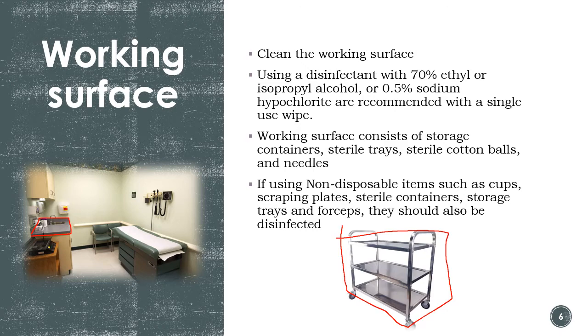So what will happen is you'll first have to clean this working surface before you start any procedures with the patient. And this involves using a disinfectant. We normally use at least 70% ethyl or isopropyl alcohol or 0.5% sodium hypochlorite, as we use these with a single-use wipe, as this cleans and kills most bacteria and viruses.